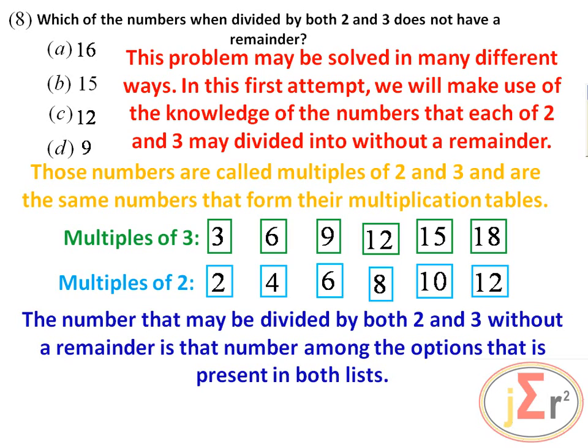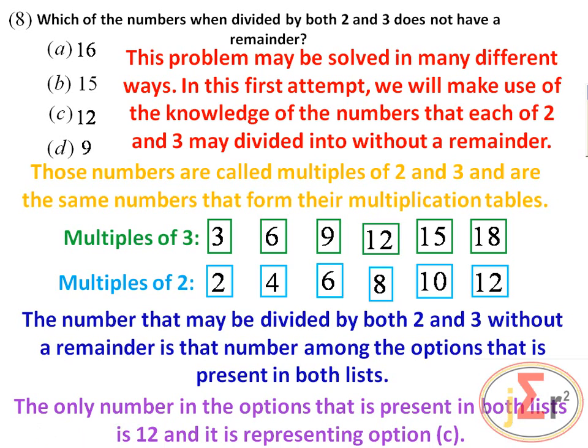So the number that may be divided by both 2 and 3 without a remainder is that number among the options that is present in both lists. Notice that 12 is present in both lists, and it is the one in the option.